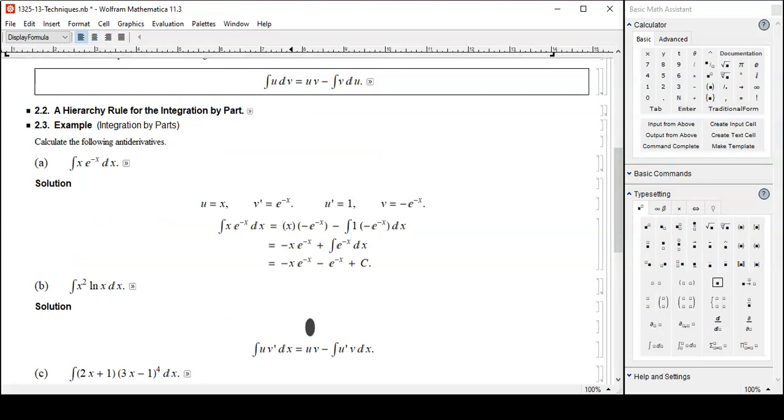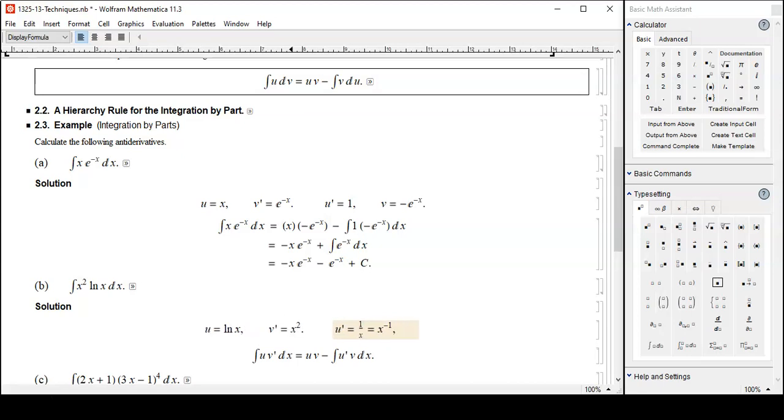So u is log of x, and v prime is a power function. Then u prime is the derivative of log, so 1 over x, or x to the negative first power. And v is 1/3 x to the third power. So you see, you already do one antiderivative computation here.